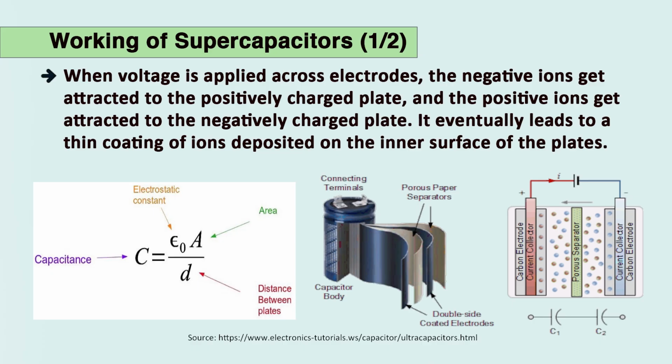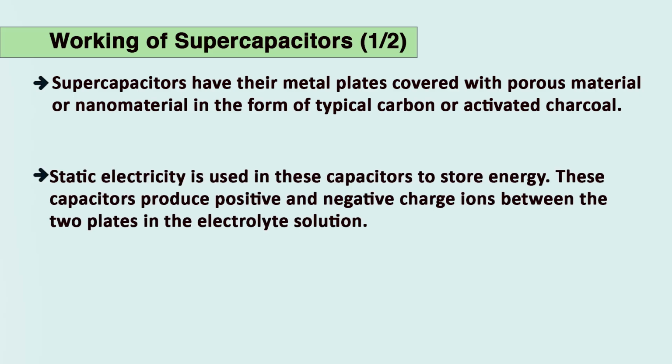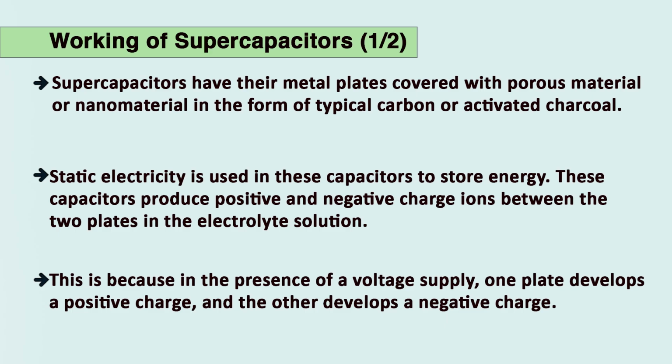Supercapacitors have metal plates covered with a porous material or nanomaterial, typically carbon or activated charcoal. Static electricity is used in those capacitors to store energy. Those capacitors produce positive and negative charged ions between two plates in an electrolytic solution. This is because of the presence of applied voltage.